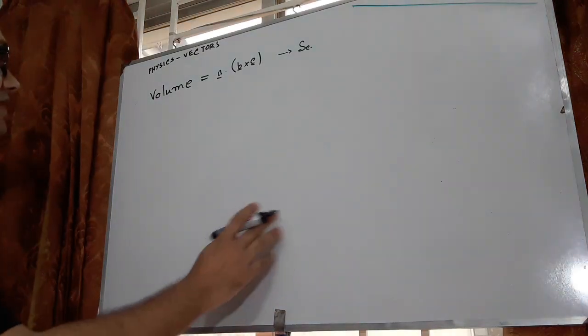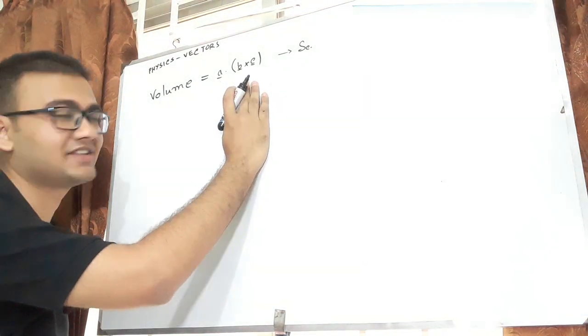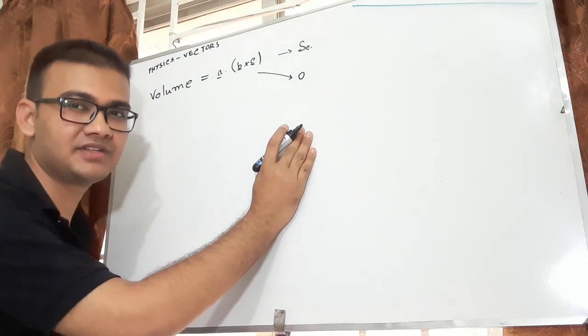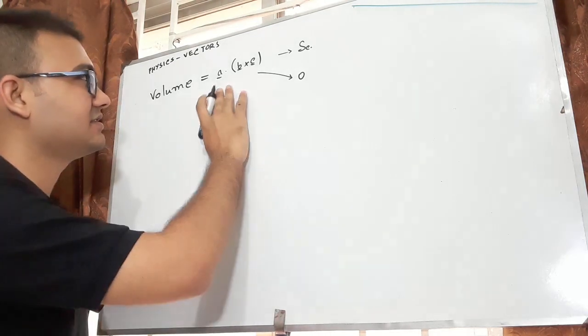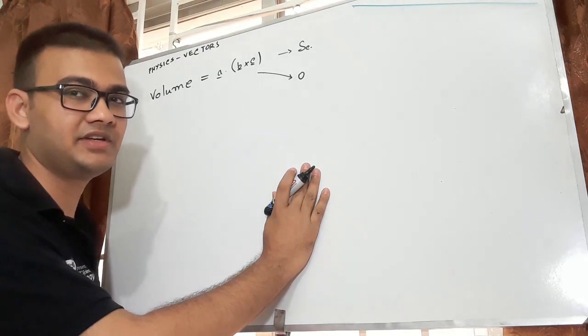If you take three vectors and this result comes 0, they will be in the same plane. That's what I was saying: this is the volume, and when the volume comes 0, the three lines are in the same plane.